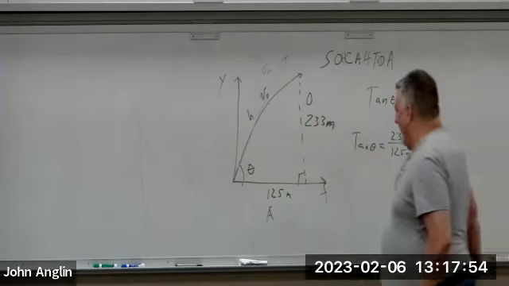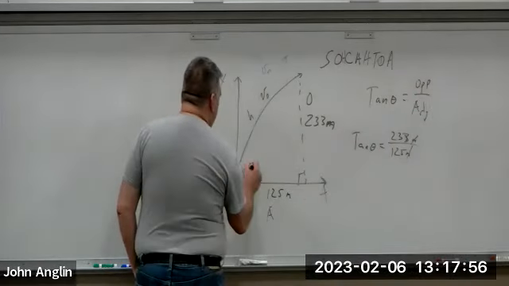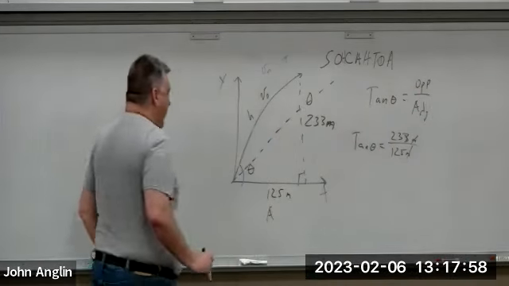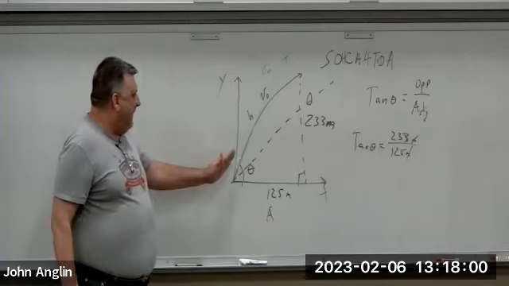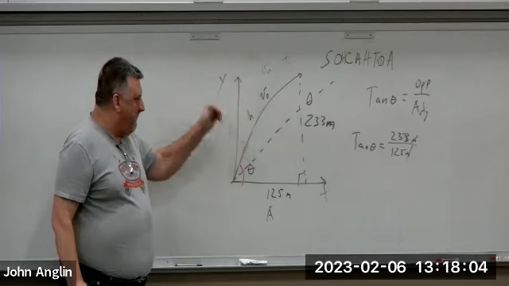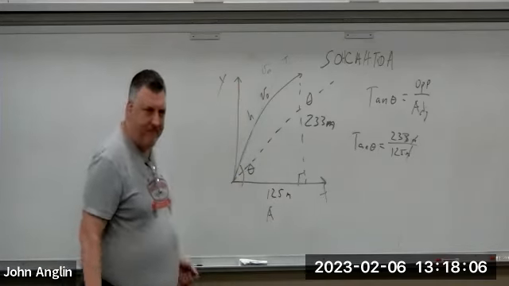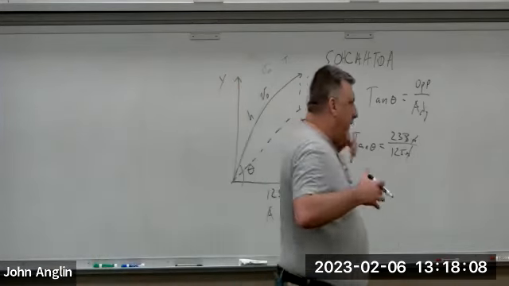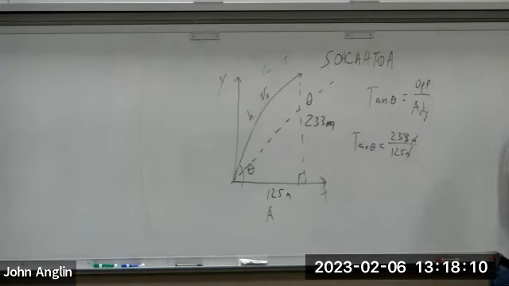So if I look at this and visualize a 45-degree angle, I can see that what I've drawn for my V naught here is going to be a little bit bigger than 45. Now, I don't know that for sure. I might have eyeballed this incorrectly. I might have not drawn it to scale. But assuming that I'm pretty close on my scale, I can already get a good sense of what the answer should be.